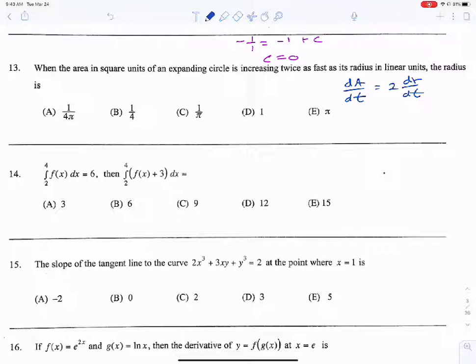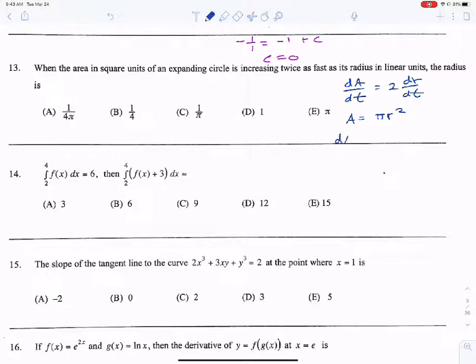So in order to do this, I'm going to find my area. My function is area equals pi r squared. So I'm going to take the derivative of my area.